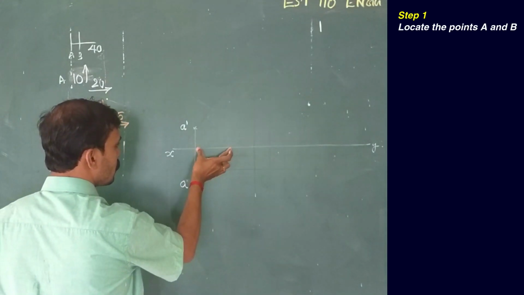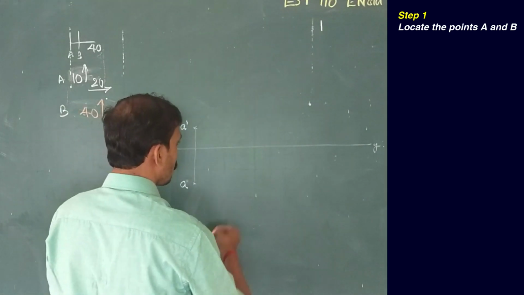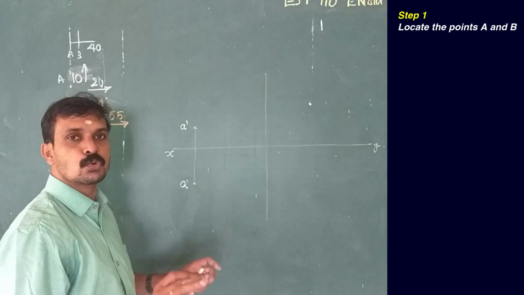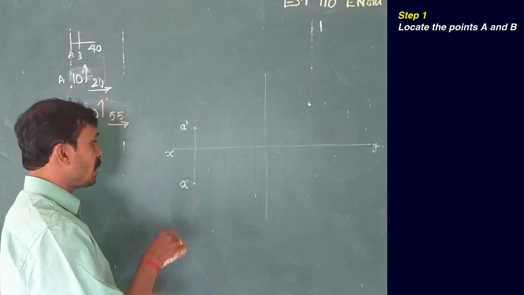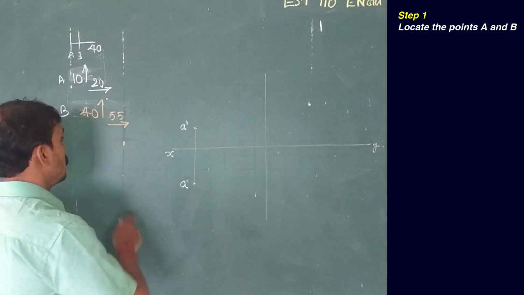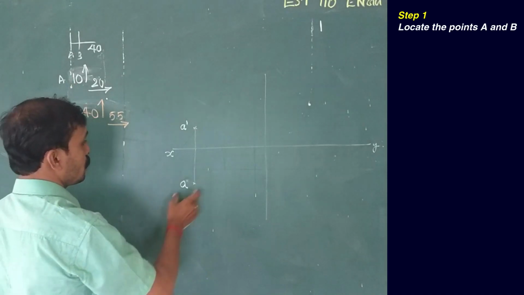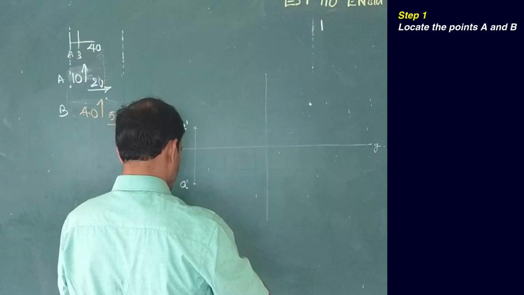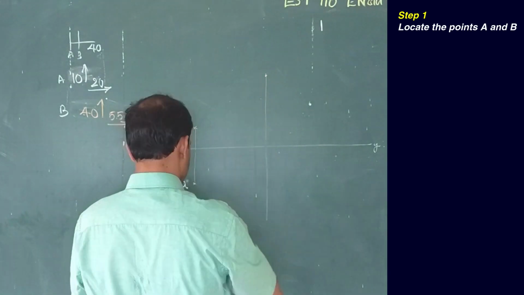This will be the projector through point B. On that line we have to mark B dash and B. B dash is at a height of 40, so at a height of 40 we mark B dash.